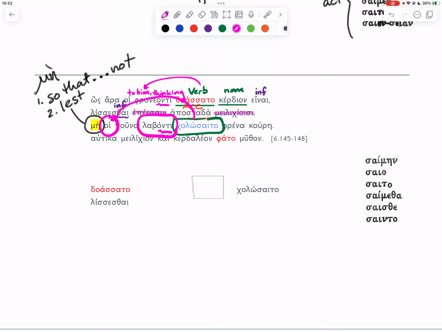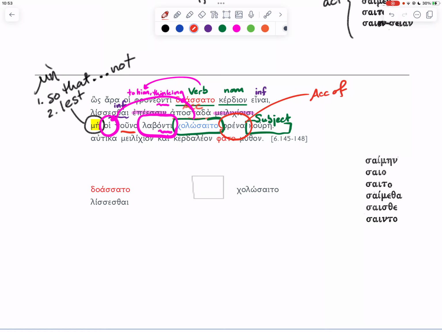So let's make that red, accusative. And who's the one getting angry? Subject is kure. Lest the young girl get angry at him while he was grabbing her by the knees. And where is she getting angry? Frena.